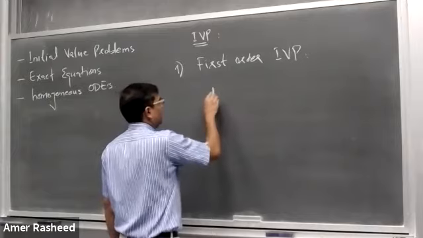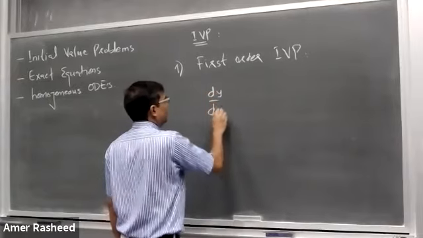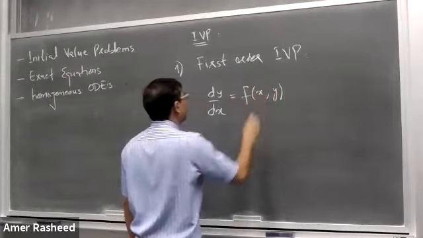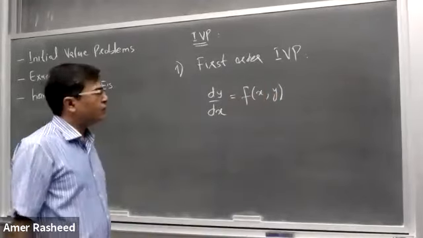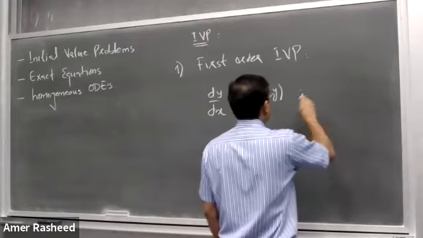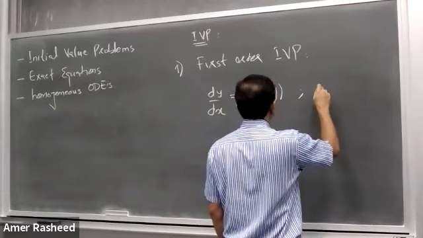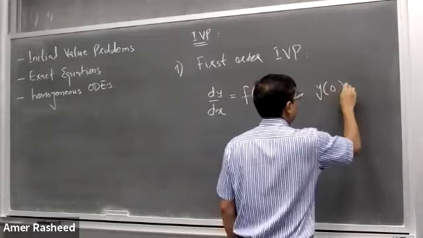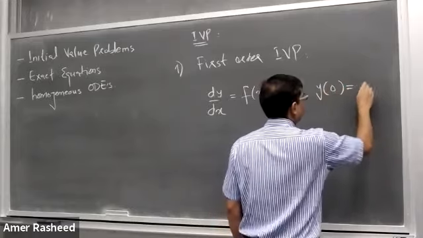For example, dy by dx is equal to f of x y. This is the first order ODE. We define it along with another condition, y of 0 is equal to some constant, maybe alpha.